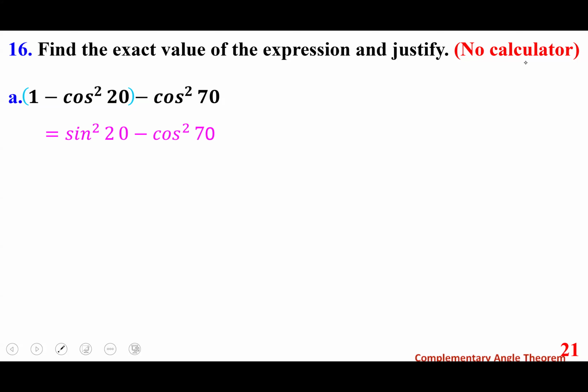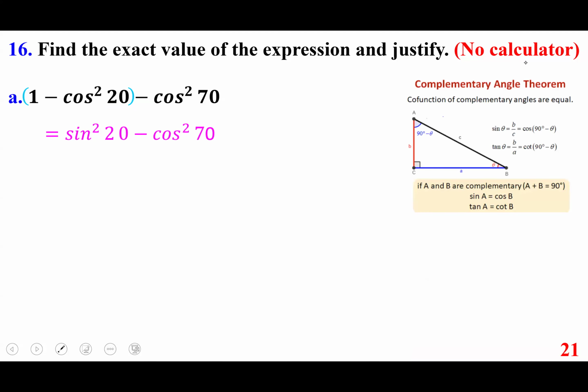Now we also know, if you look at a right triangle, class, and this is 90 degrees, then these two must add up to 90 degrees, right? So A and B must add up to 90 degrees. So sine of A, if this is A, must be equal to cosine of B, because the sine is the opposite over the hypotenuse, and the cosine is the adjacent over the hypotenuse.